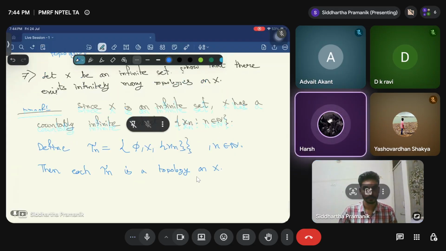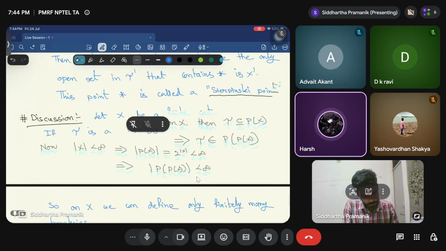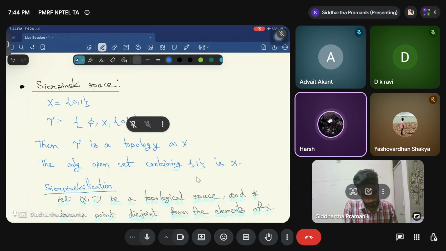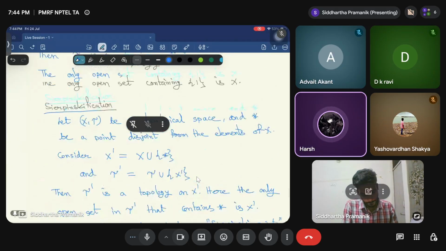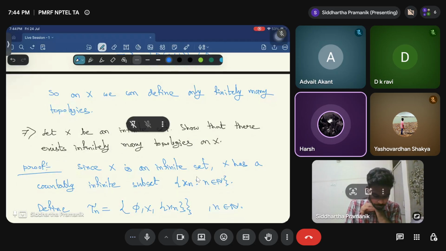Sir, for the definition of a topology, we usually take a non-empty set. But if we try to define a topology on an empty set, like X is equal to phi, and we take the topology T as the set containing phi, then it satisfies all three properties of a topology. So why is it not a valid topology?